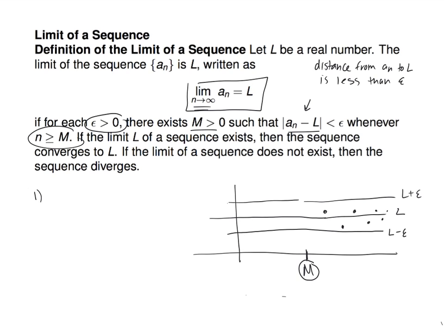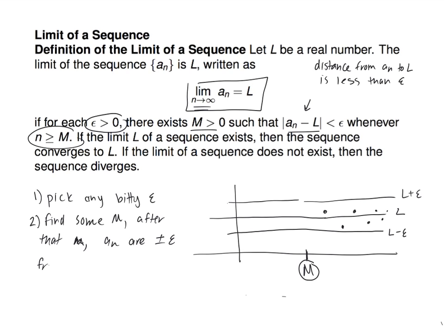So the idea here is you pick any bitty epsilon number, and then you can find some capital M, and after that M, your a sub n's are within plus or minus epsilon of your limit L.